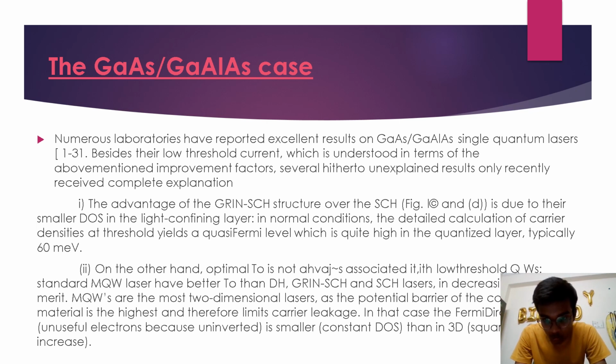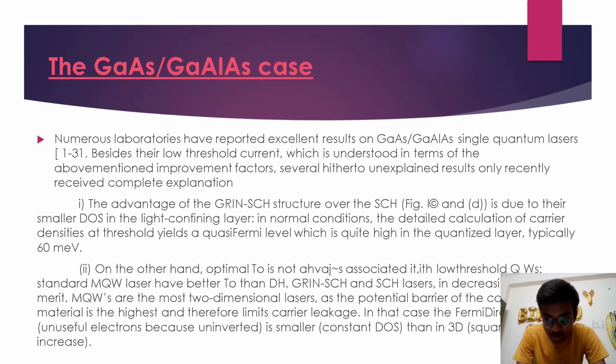On the other hand, optimal 2D is not always associated with low threshold QW. A standard MQW laser has better 2D than DH, graded SCH and SCH lasers, in decreasing order of merit.